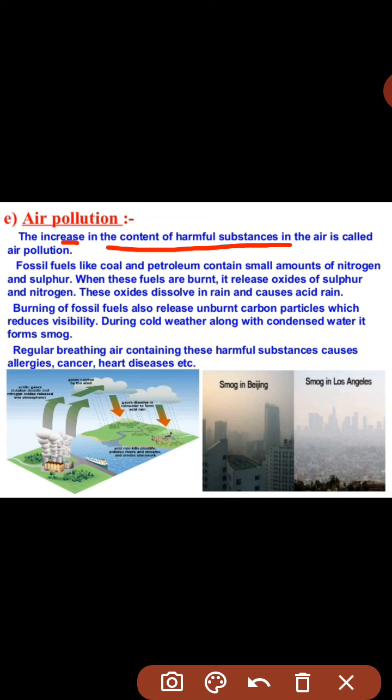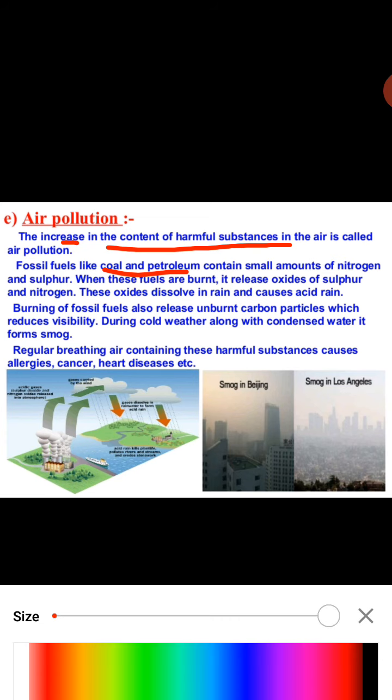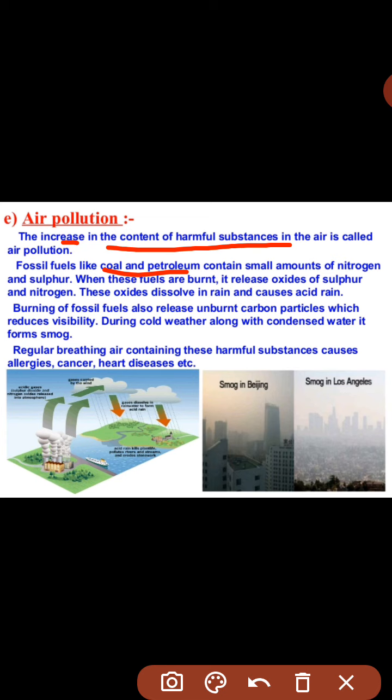Fossil fuels like coal and petroleum contain small amounts of nitrogen and sulfur. So in the fossil fuels that we obtain from underground, a small amount of nitrogen and sulfur is present.